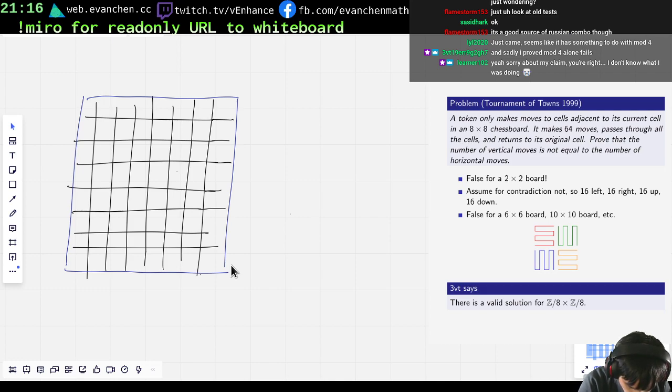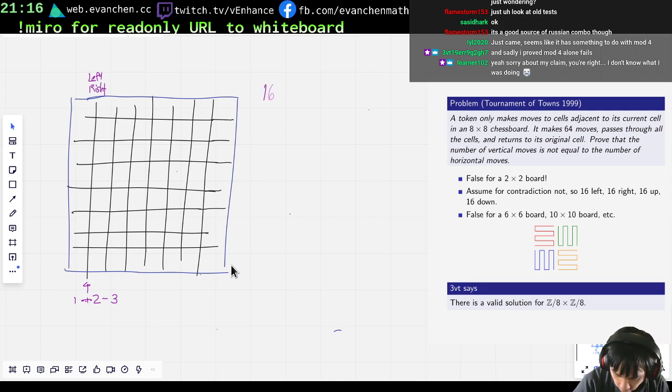Maybe I can make the one less slanted. Okay, so the point is that I have any hypothetical path. You have this one, column 1 to 2, 3, and I know that the number of left and the number of right is equal here, and I'm supposed to have 16 left, 16 right, 32 total.